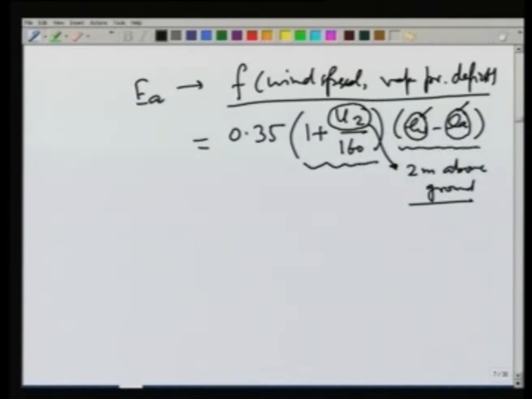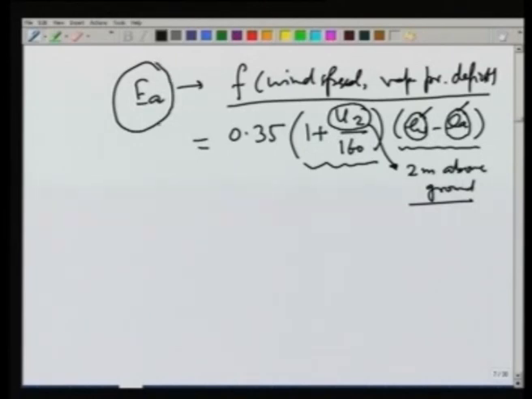This is the wind speed factor, which represents the speed with which we carry the saturated air vapor away from the water body. So, E A is the evaporation which is related with wind speed and the vapor pressure deficit.